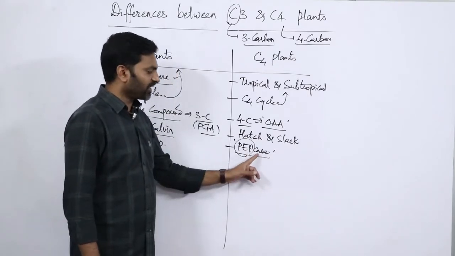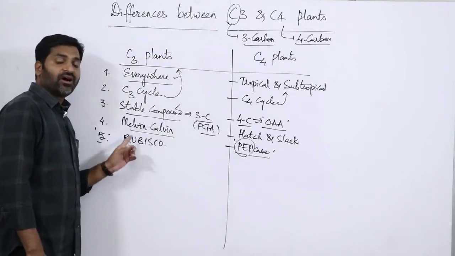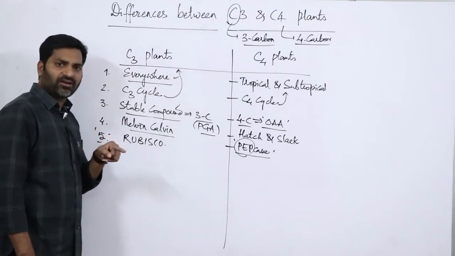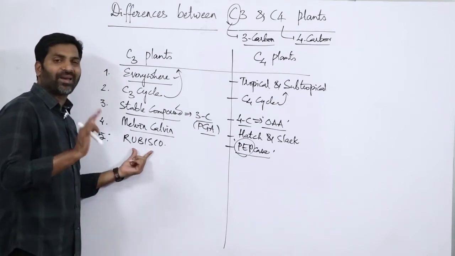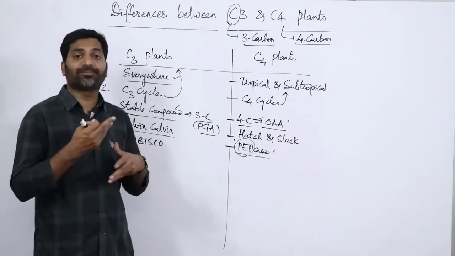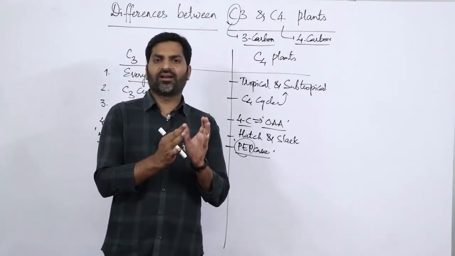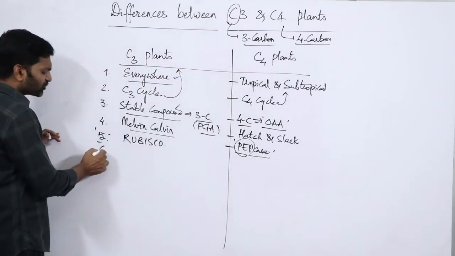PEPcase stands for PEP carboxylase, and Rubisco stands for RuBP carboxylase oxygenase, which is the most abundant enzyme on planet Earth. In plants, it accounts for around 40% of the protein. Then come to number 6.